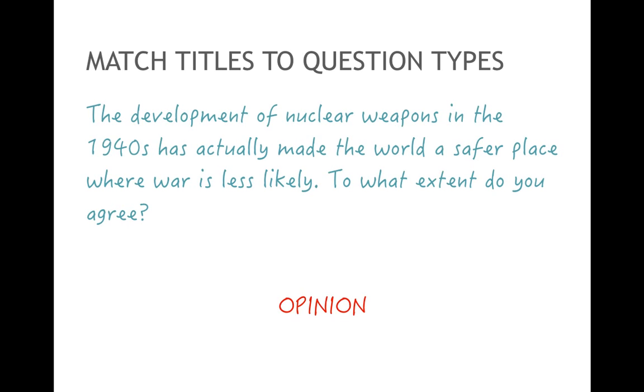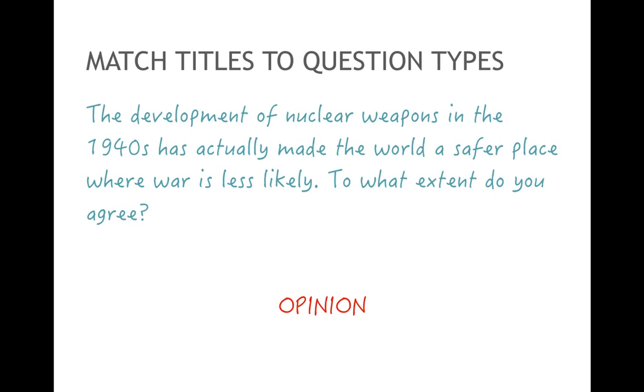And in this case, in an opinion essay, you can write a very one-sided answer if you want to. For example, if you strongly agree with this, that war is less likely now because nuclear weapons have made the world a safer place, absolutely write the entire essay about it.